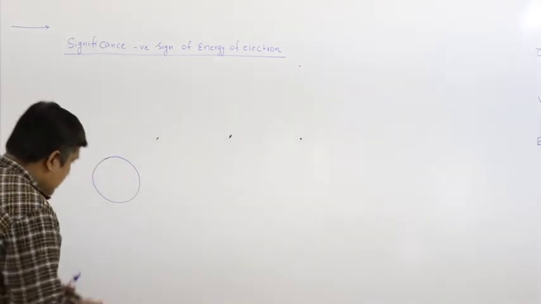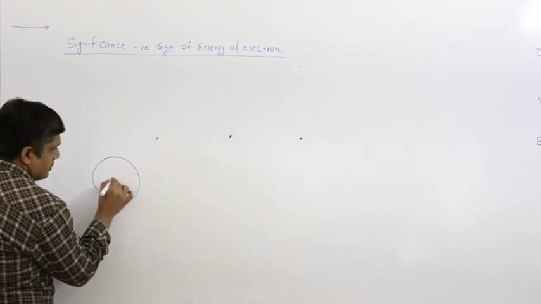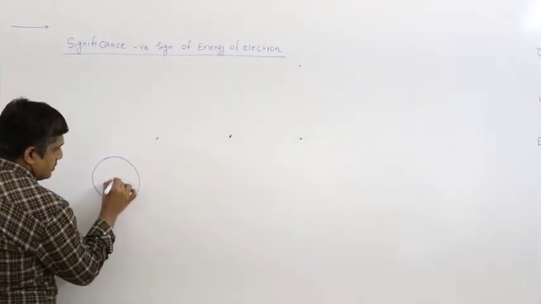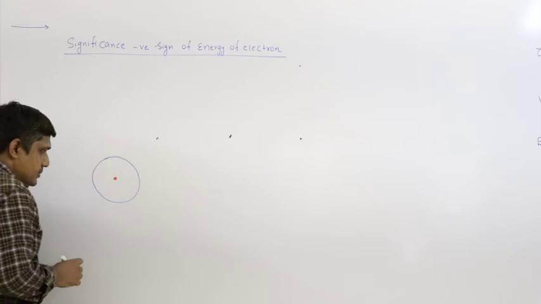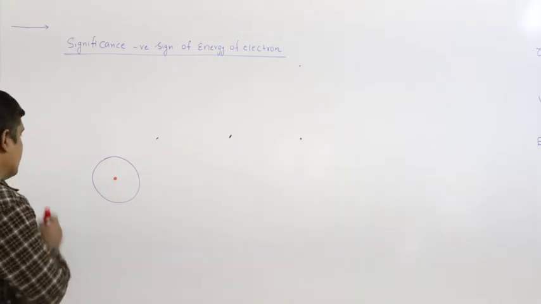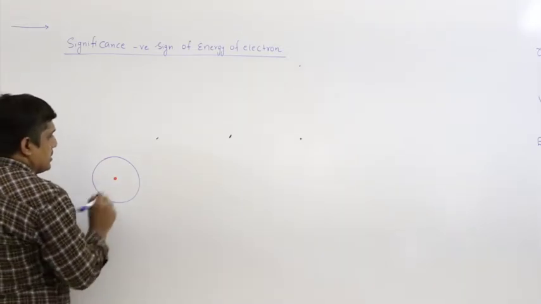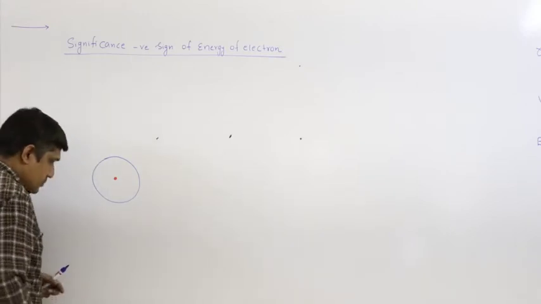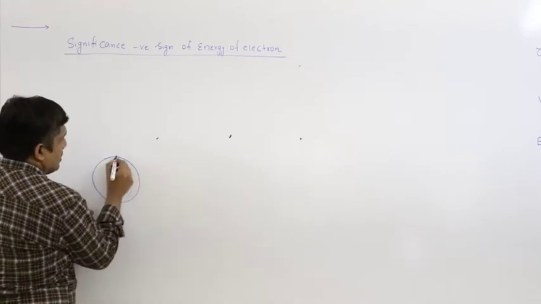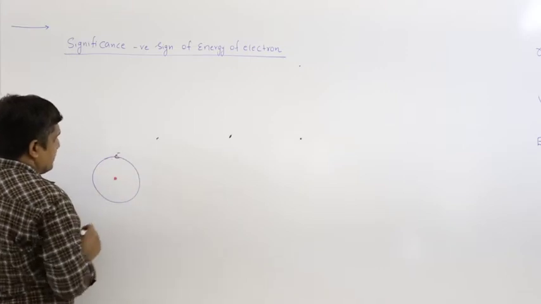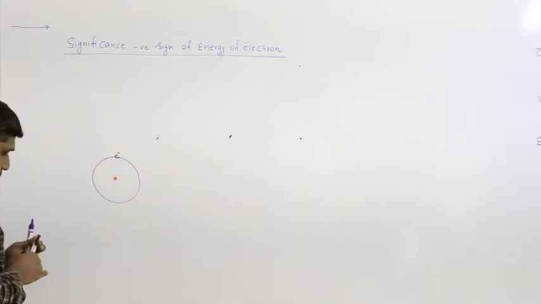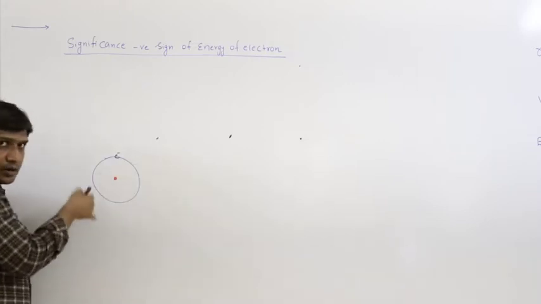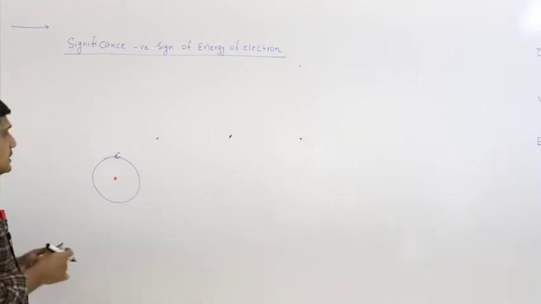Let us consider an atom. So this is the nucleus and the electron is present here. Now, say this is the nth orbit.